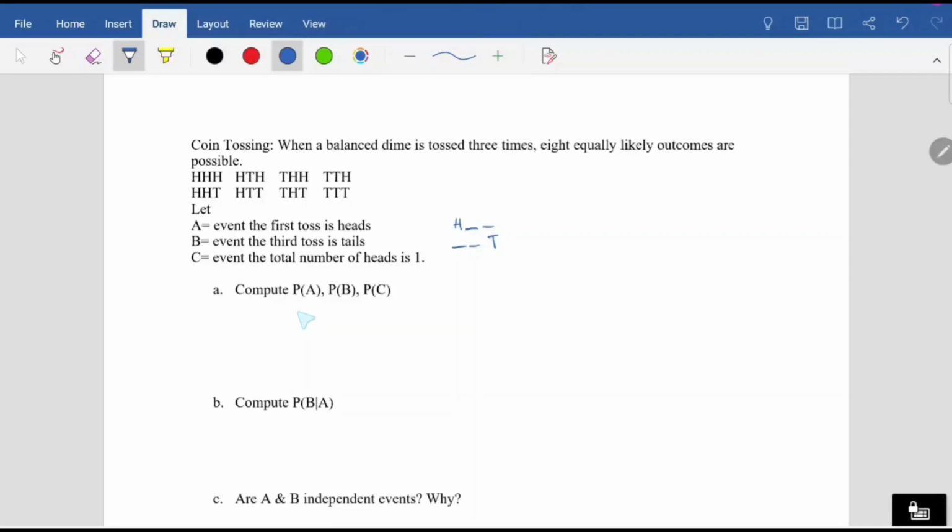So the first question says compute the probability of A, B, and C. So these are all individual probabilities, nothing to do with conditional or joint probabilities. So probability of A, all right, so probability of A is the probability of getting a heads in the first toss. So heads first. Let's describe it like that.